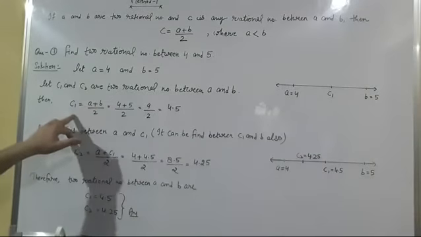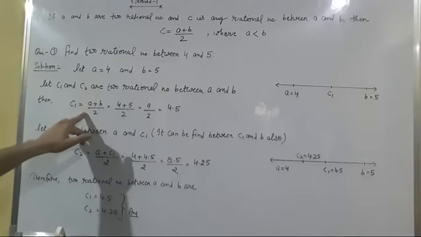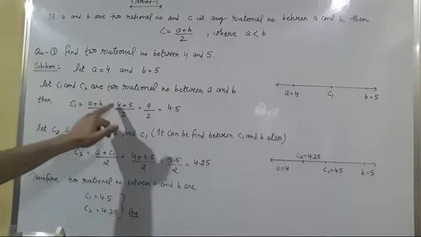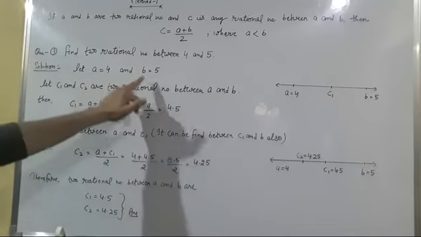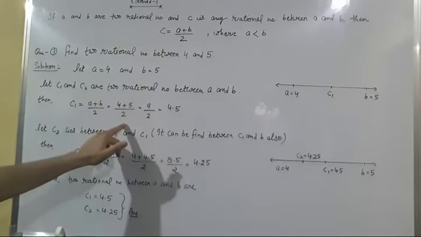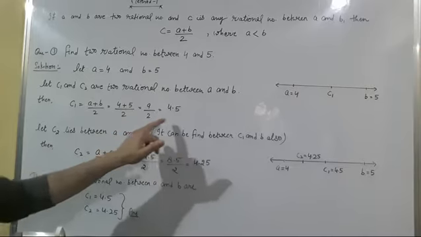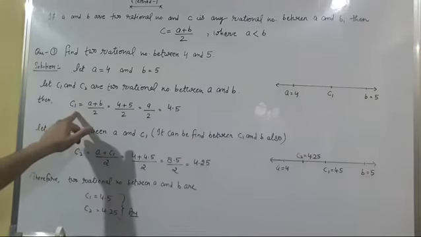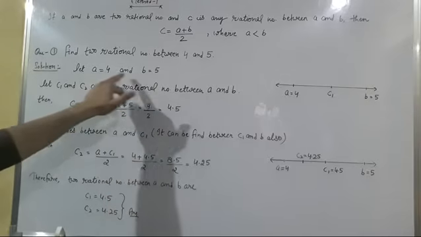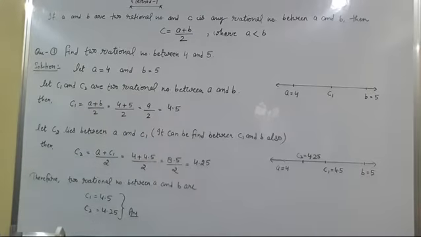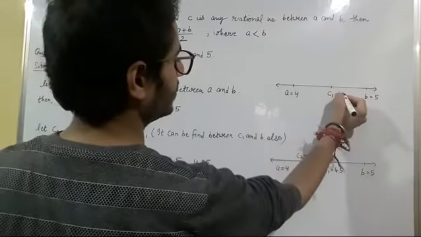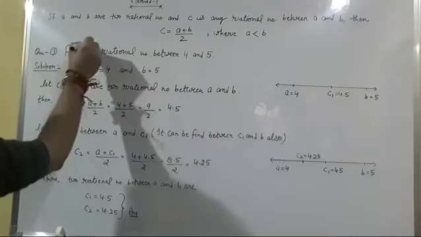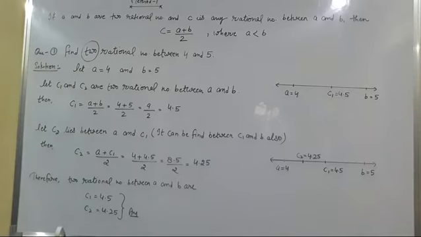So c1 will be equal to the average of a and b, meaning (a plus b) by 2. The value of a is 4, the value of b is 5. 4 plus 5 divided by 2 equals 9 by 2 equals 4.5. Therefore we have found the first rational number between 4 and 5, and it is equal to 4.5.